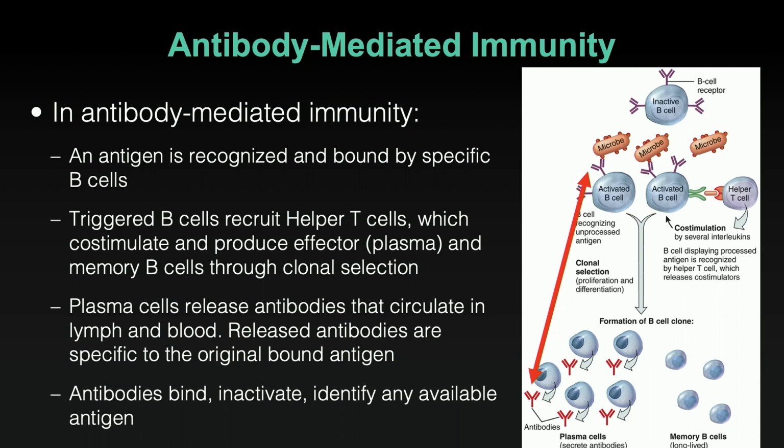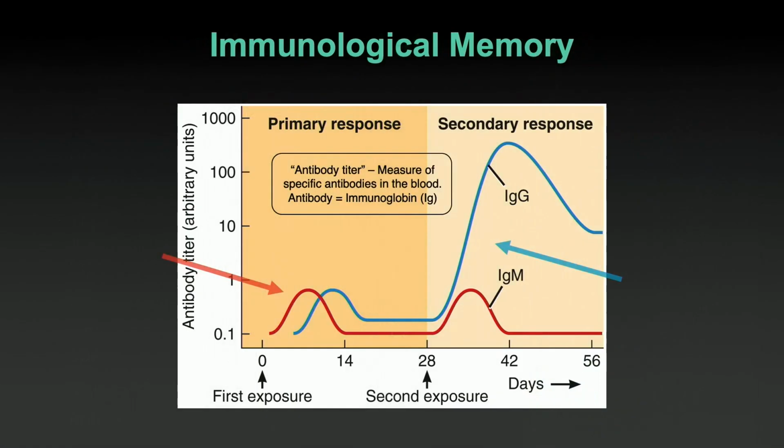Now, these are the two main mechanisms or pathways through which the immune response is mounted, and one of the major features, the hallmark features of the immune response, is that it has a memory that allows it to ramp up faster and to a greater degree over time.